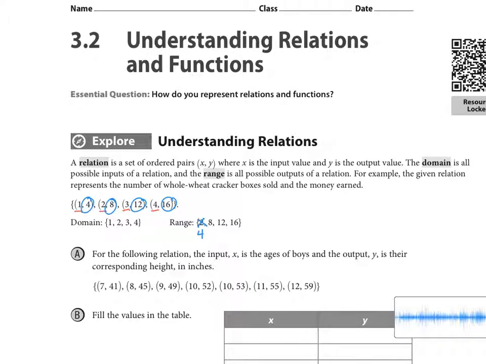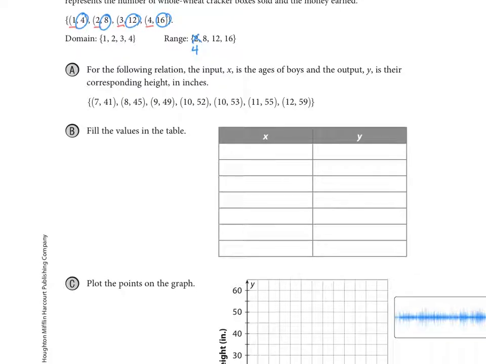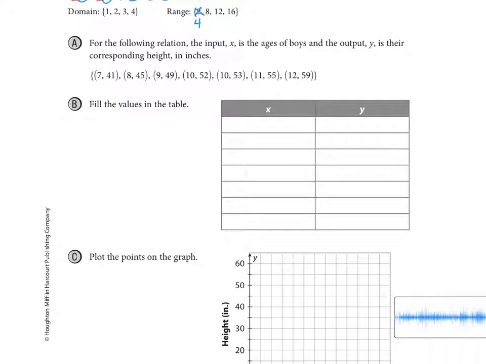So let's look at the Explore activity here, parts A, B, C, D, E, and F. Part A gives us the relation. So our relation has the ordered pairs. Right here we got, looks like 7 of them.